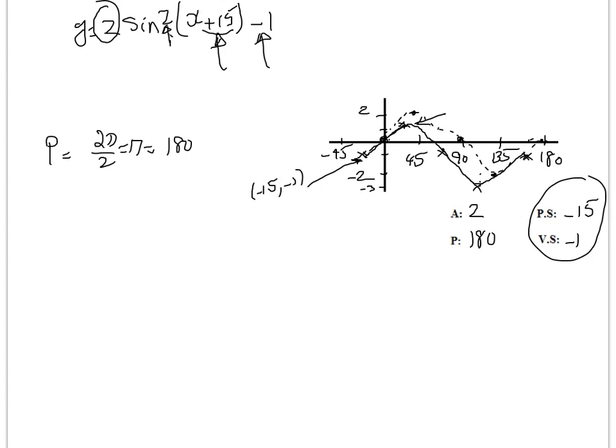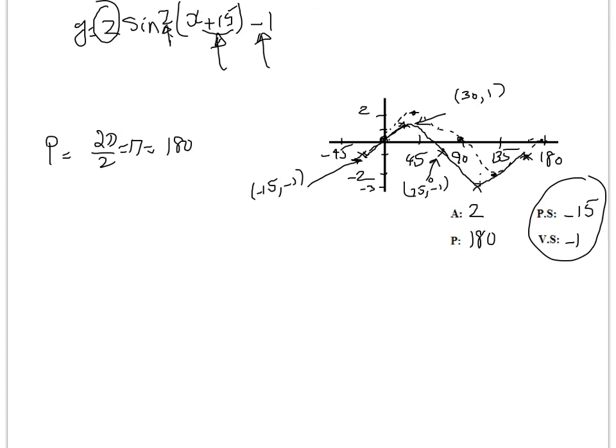So if I go 15 left, I get 30 degrees, and then 1 unit down, so I get 1. The next point is the transformation of 90 degrees and 0. So if I go 15 left, I get 75. 1 unit down, I get negative 1. So this is 75 and negative 1.